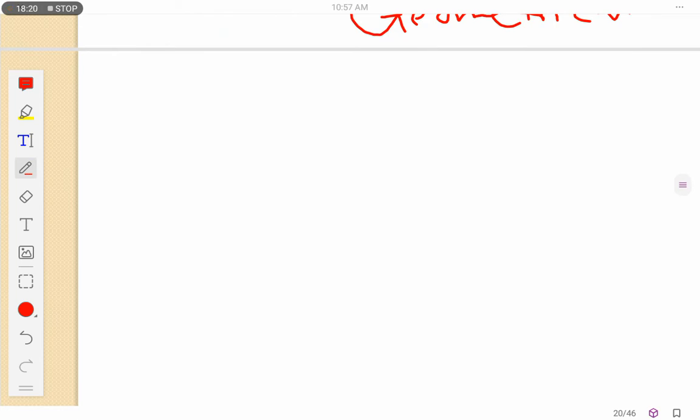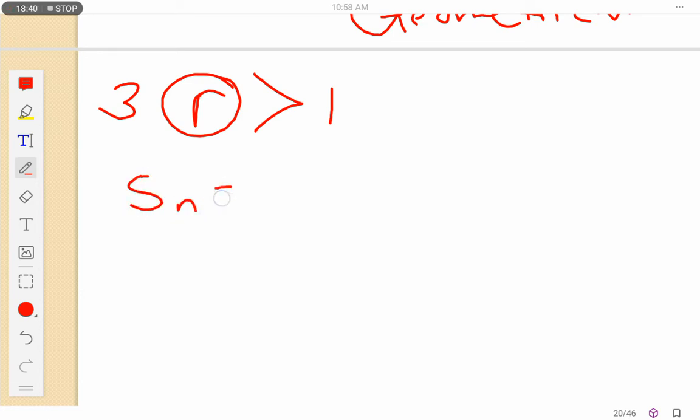Our R in this case is 3, so 3 is greater than 1. So we are going to use the formula that has R greater than 1, which is Sn is equal to A, R to the power of n minus 1, over R minus 1. That's the one that we are going to use.